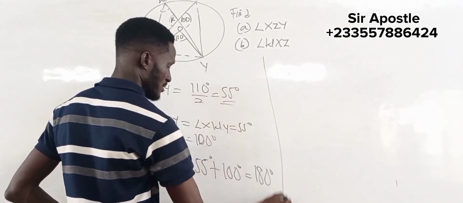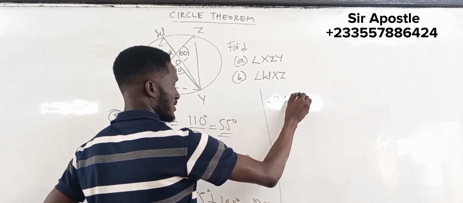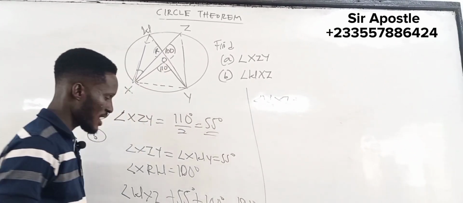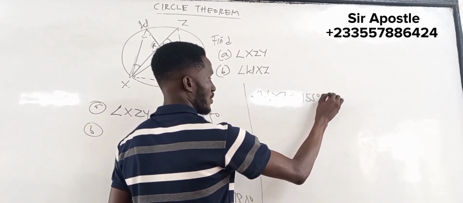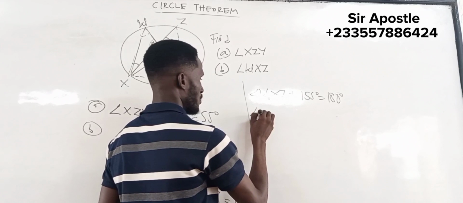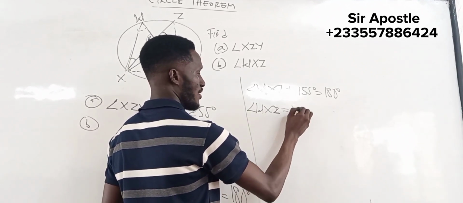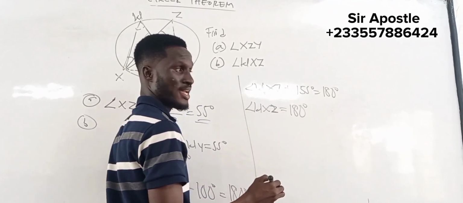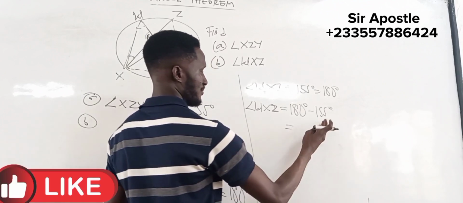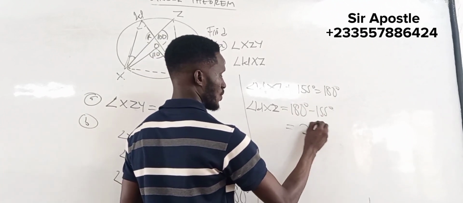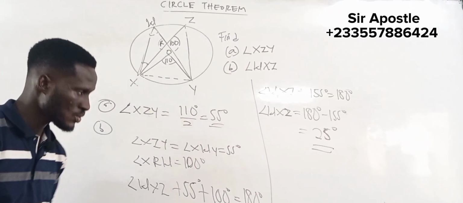So WXZ plus 100 plus 55, which is 155, equals 180 degrees. So WXZ will give us 180 degrees minus 155 degrees. Subtracting, we get 25 degrees. And this ends our solution.